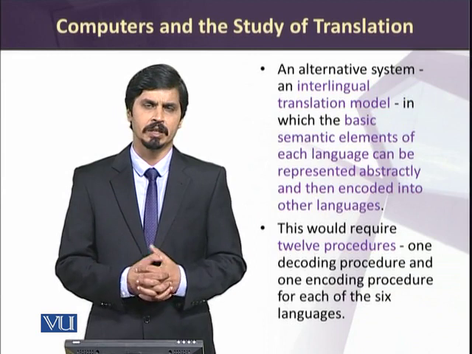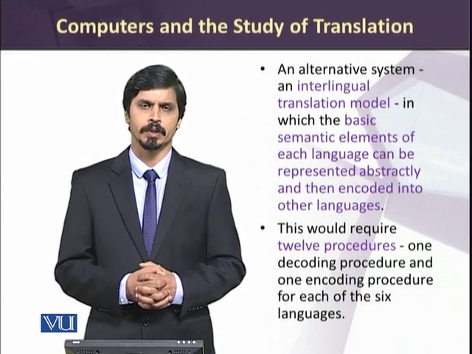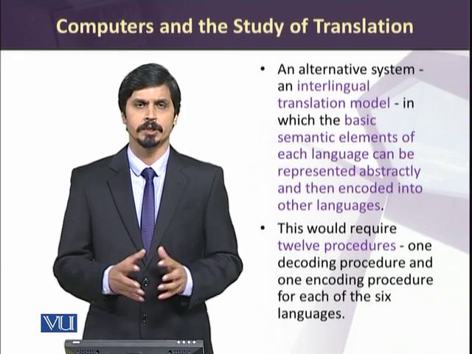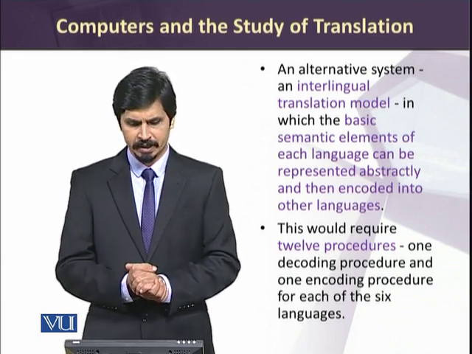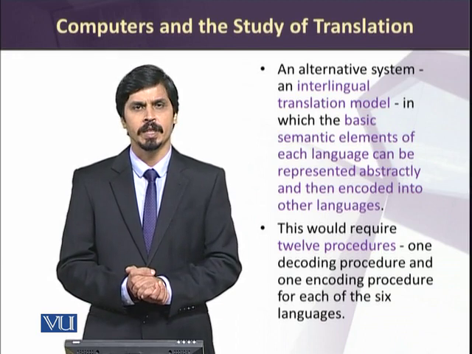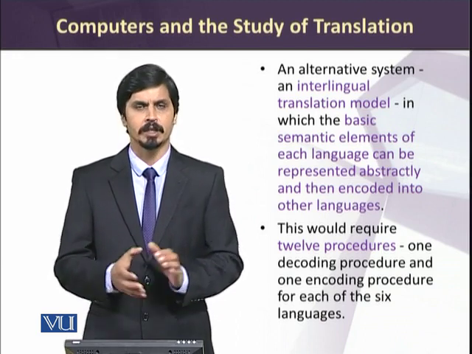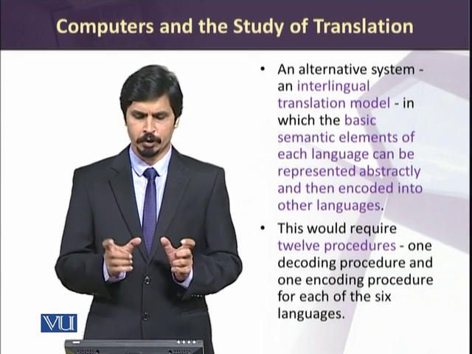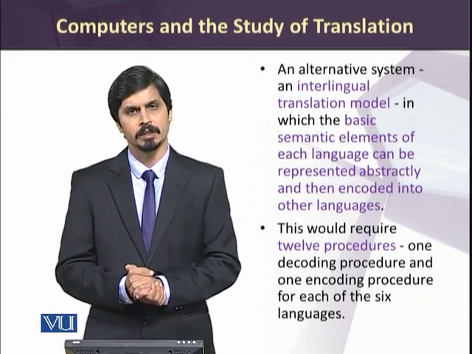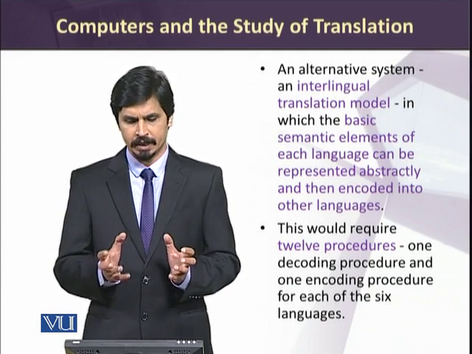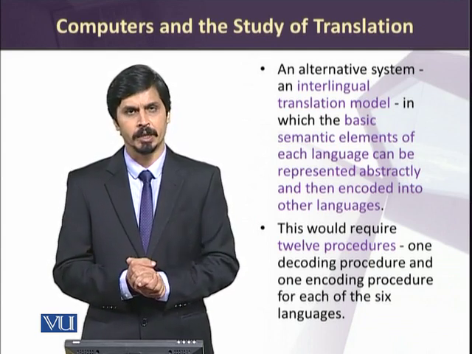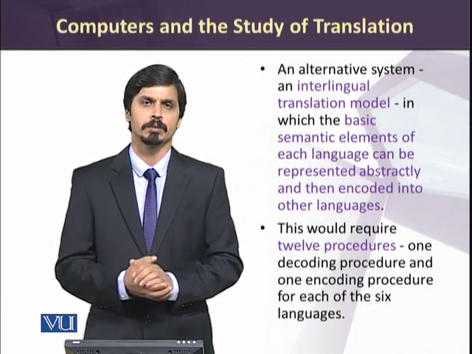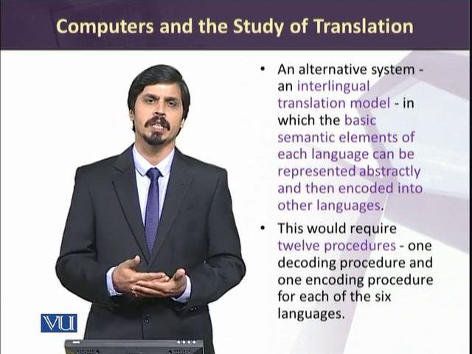An alternative system is the interlingual translation model, which is based on certain basic semantic elements of each language, and it is assumed that they can be put into a certain form, usually which can be represented abstractly, and then they are encoded into other languages.